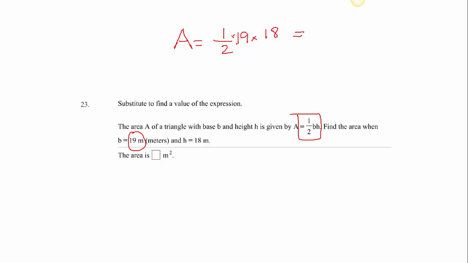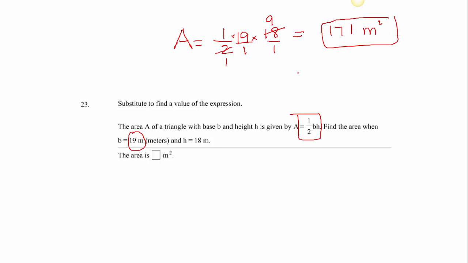Remember that these are all over 1, and 2 is in the denominator, and 18 and 2 are both divisible by 2. And so the answer would be 9 times 19: 9 times 9, 81, 9 times 1, 9, and 8, 171, and this is square meters. So this would be the area of the triangle.